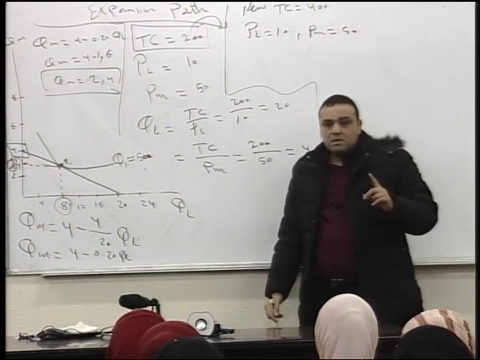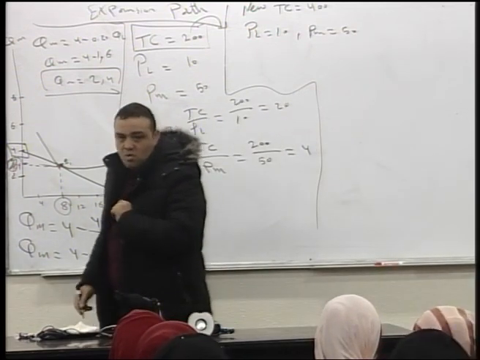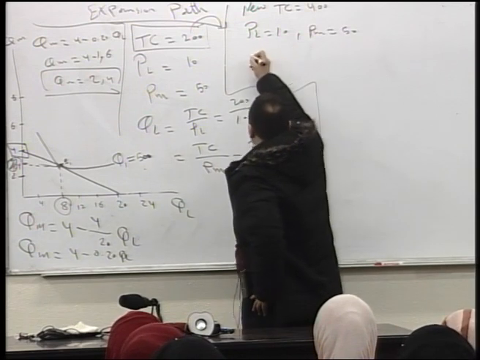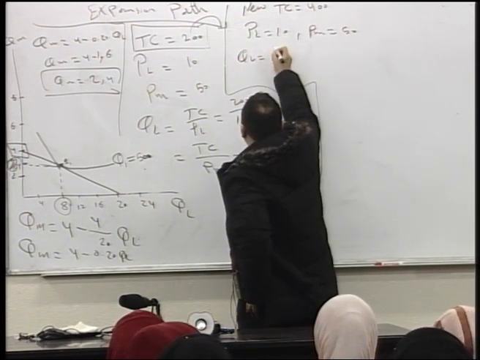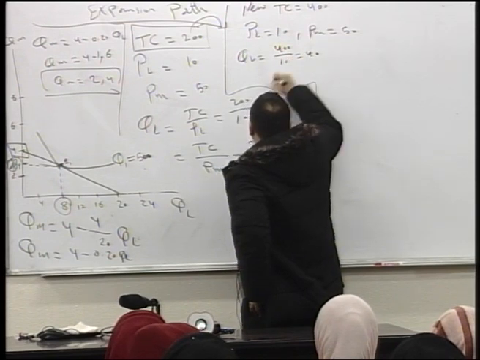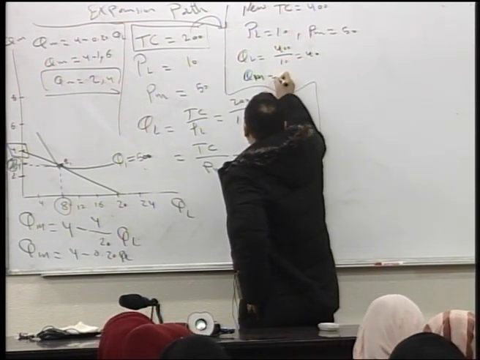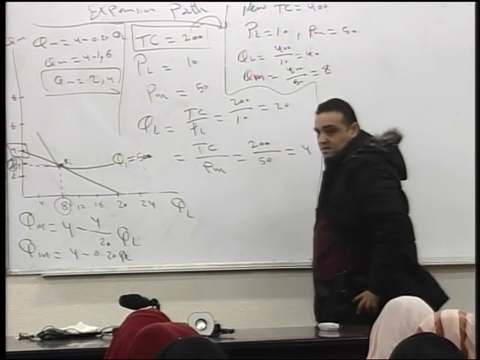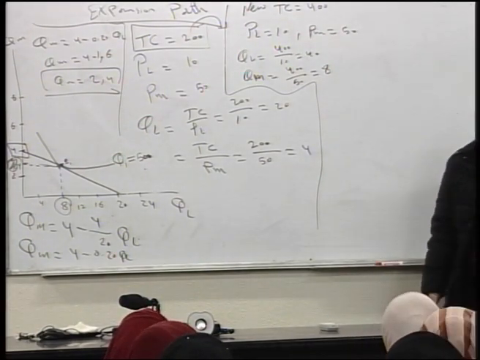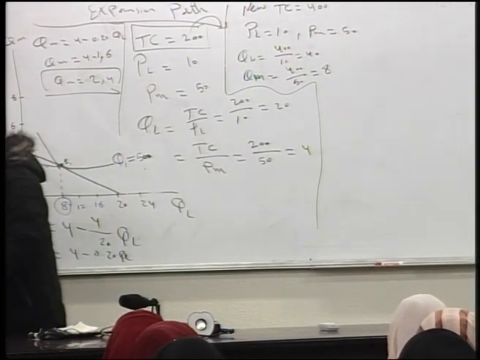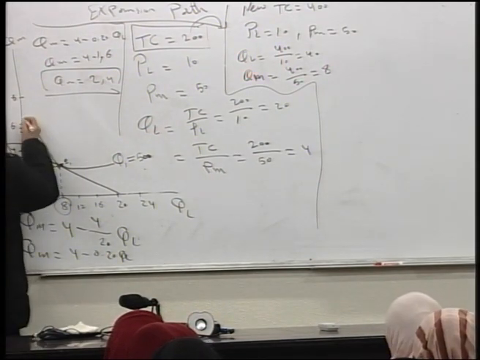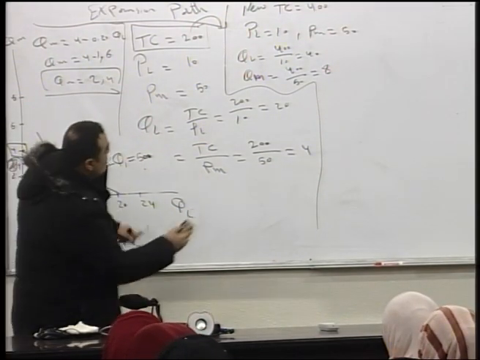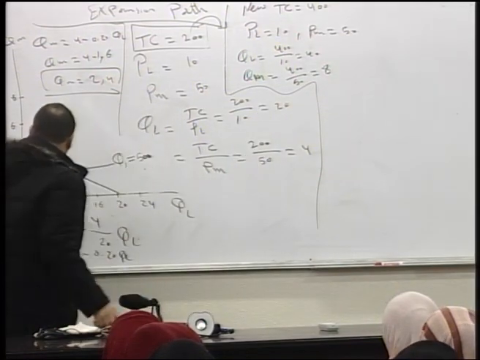Derive the new budget line, or isocost line, and determine the new equilibrium point. So here QL equals how much? 400 over 10 equals 40, and QM equals 400 over 50 equals 8. Now we have a new isocost line here. Where is it? Here, 40 and 8.